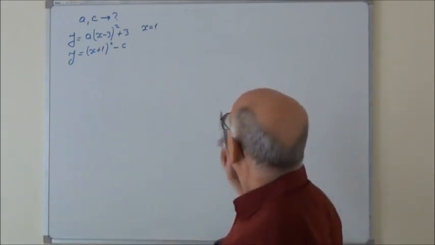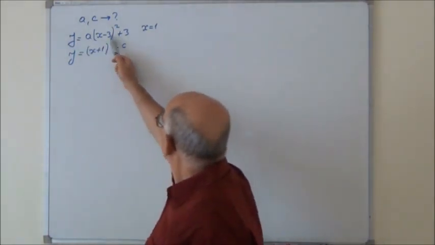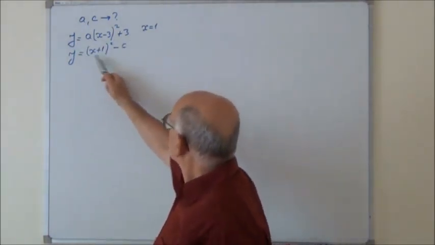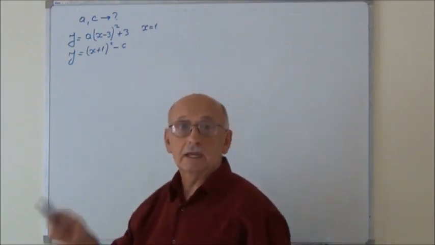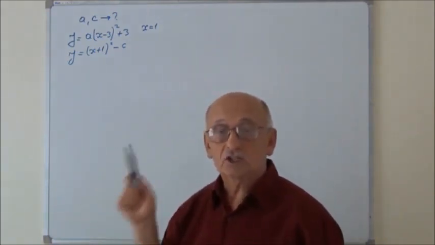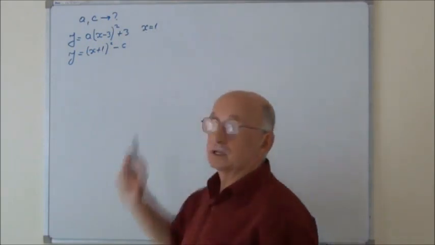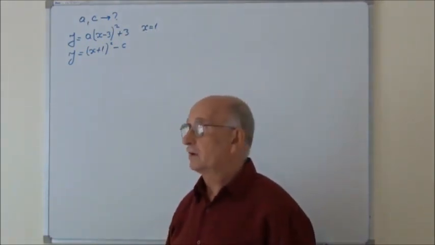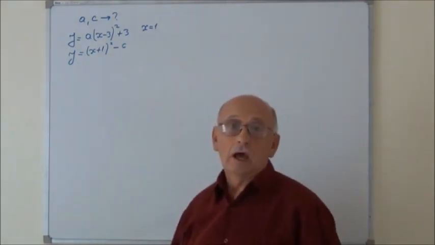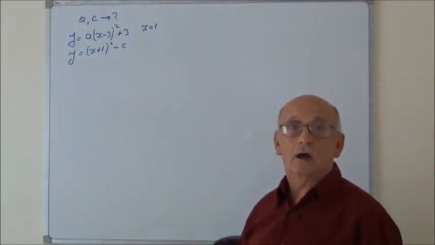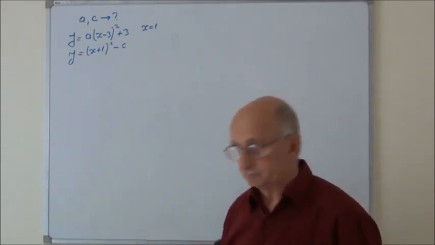So that means that this curve and this curve, both of them are parabolas anyway, should have the same gradient of a tangent line at x equal 1. Otherwise, if their gradients are not the same at x equal 1, then we can't claim they are smoothly joined.